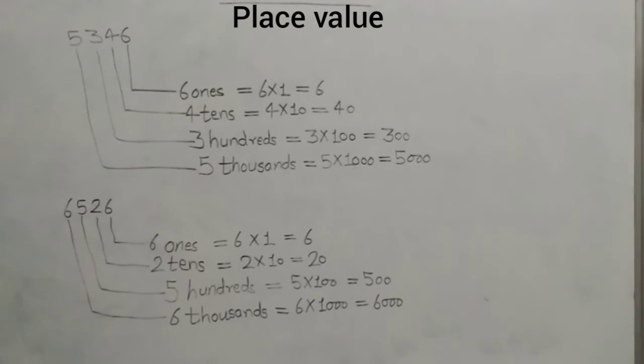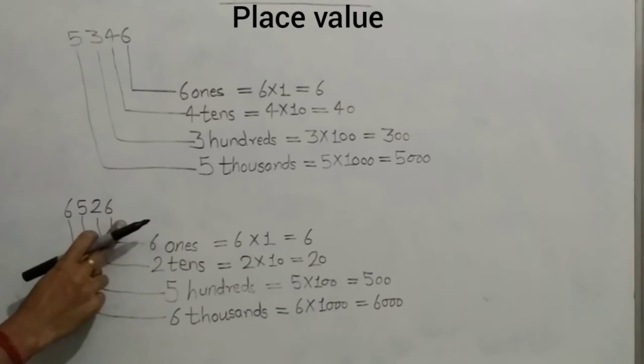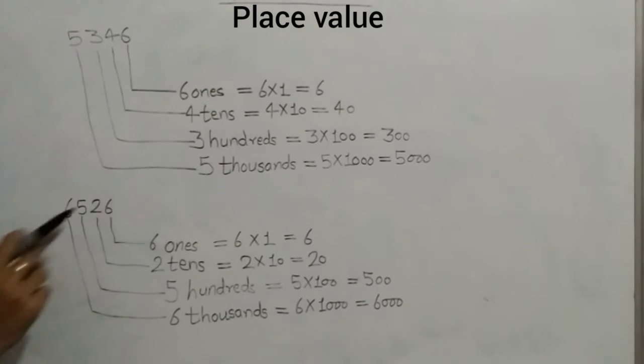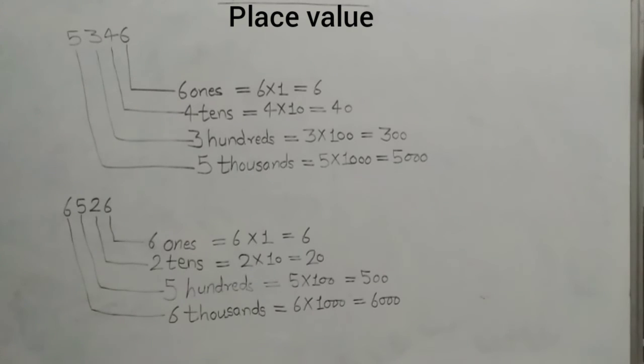Okay, so we see here the digit is same but the value of the digit depends upon its position. Means place value जो है इसके position पर depend करता है.